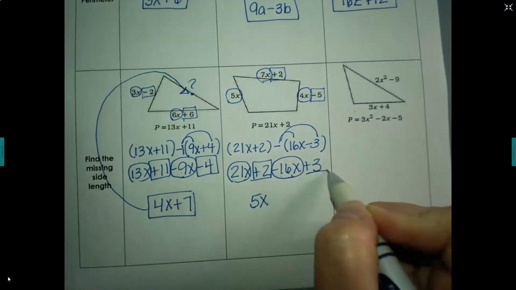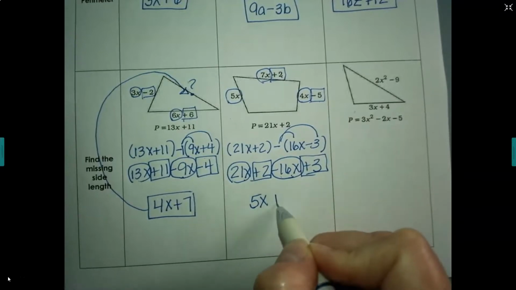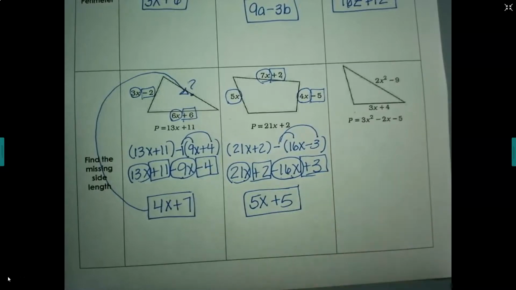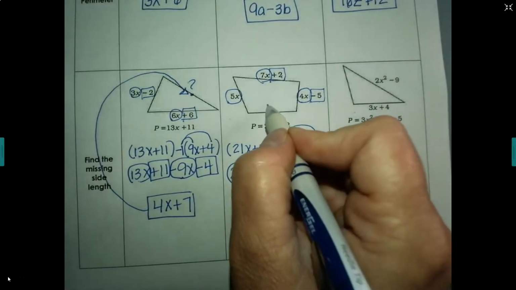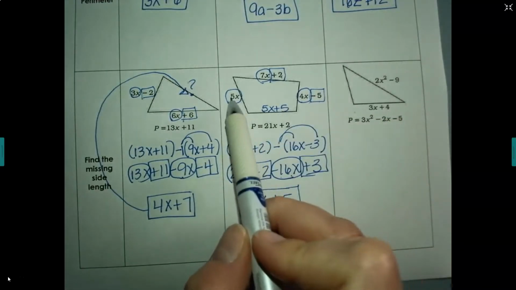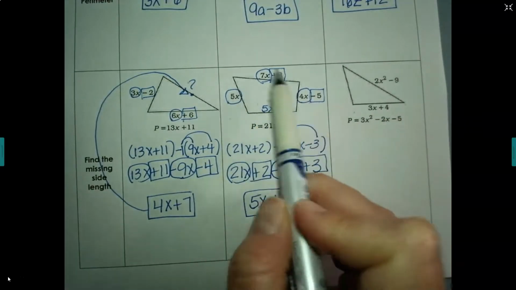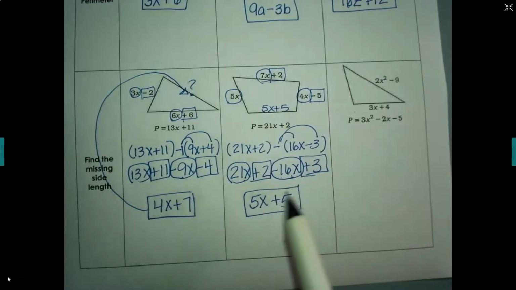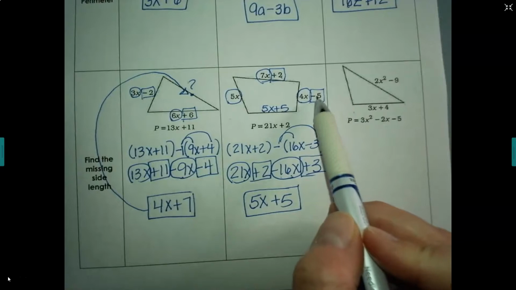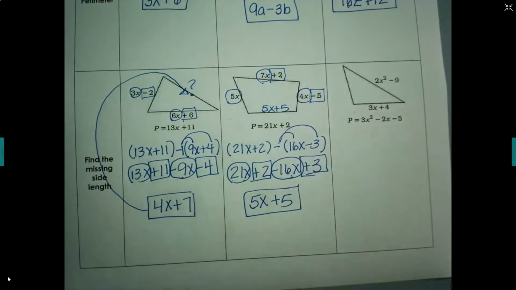And then I have 2 plus 3 is 5. So the length of the last side is 5x plus 5. So that's going to go right there. And you could double check. 5x, 10x, 14x, 21x. There's your answer, 21x. And then we have 5 minus 5, which is 0, plus 2 is 2.